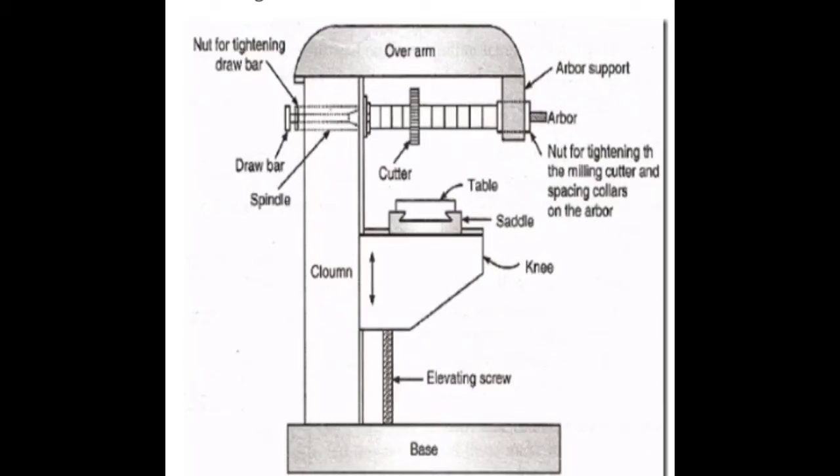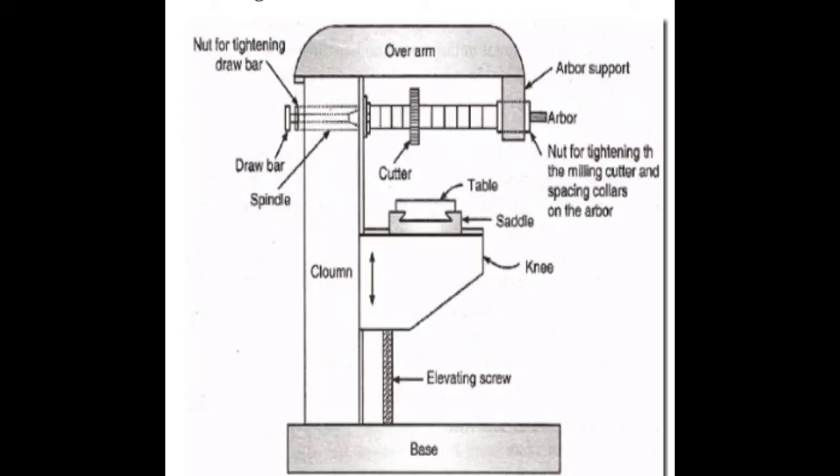The knee moves vertically along the guideways, and this movement enables adjusting the distance between the cutter and the job mounted on the table. The adjustment is obtained manually or automatically by operating the elevating screw provided below the knee.